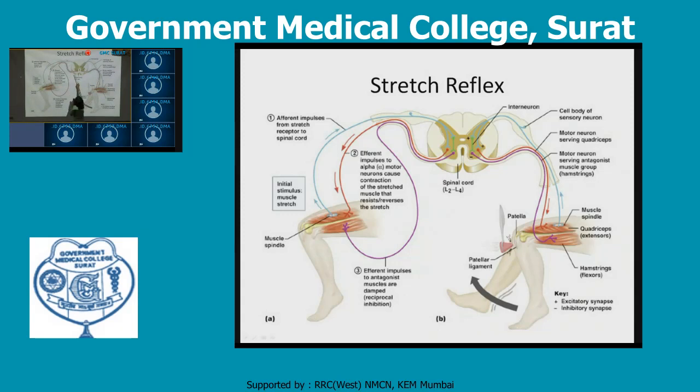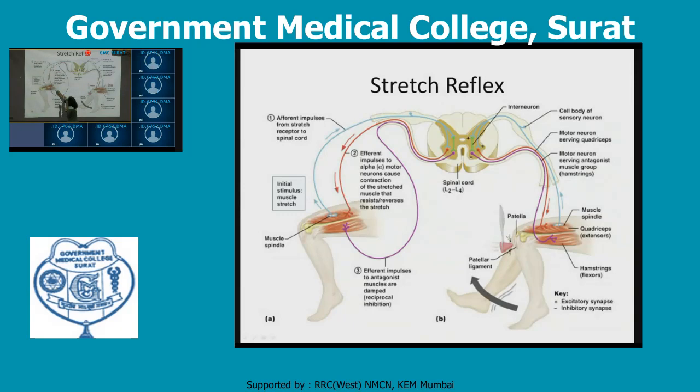Another is one limb of this afferent. After stretching of the muscle, the other limb, via an interneuron, synapses with another efferent neuron which is supplying the opposite, antagonistic muscle. This is the agonist muscle and this is the antagonist muscle.